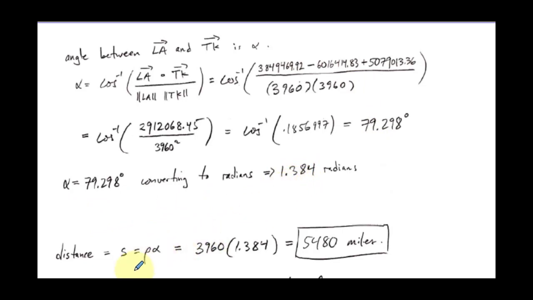So my distance, S or D, I guess I had called it D in this video, that's D, is rho times alpha. Rho is the radius. The angle, 1.384, gives me 5,480 miles distance.